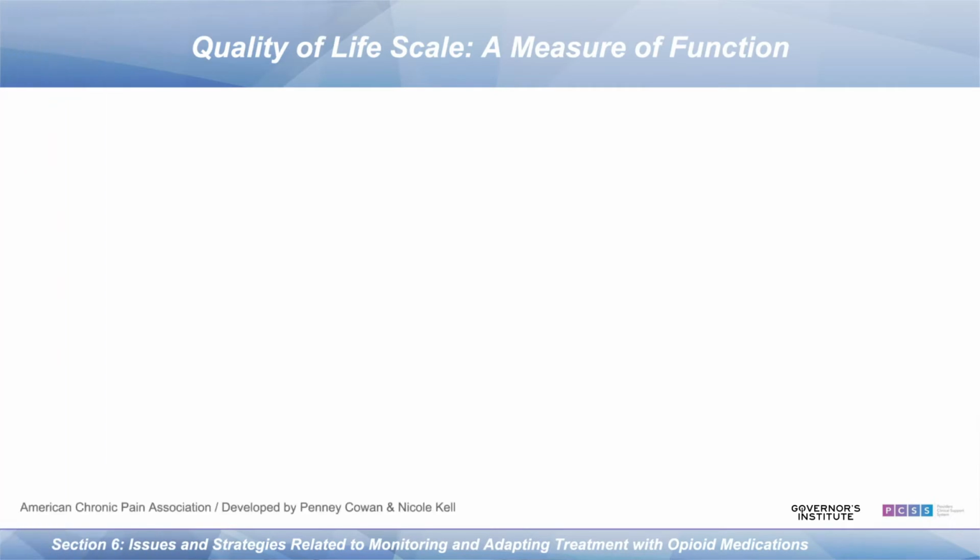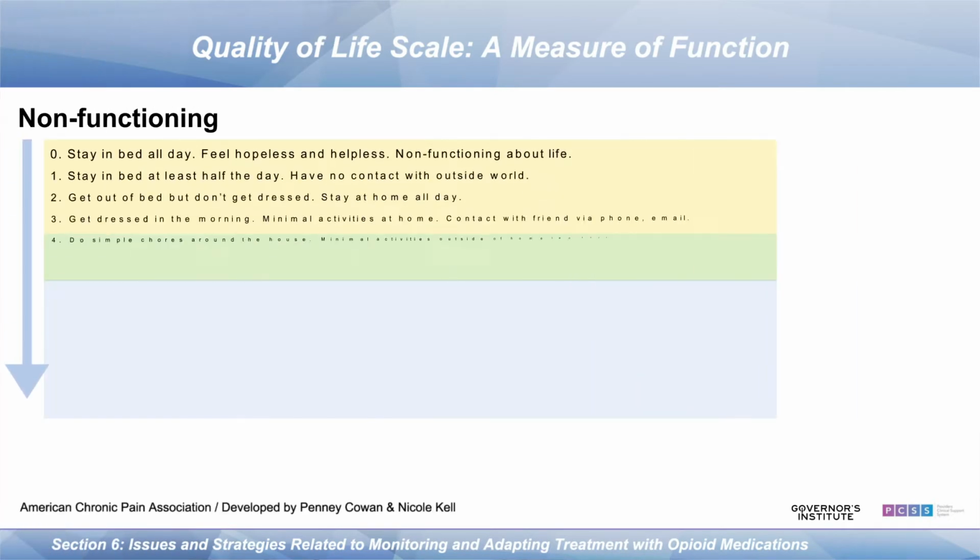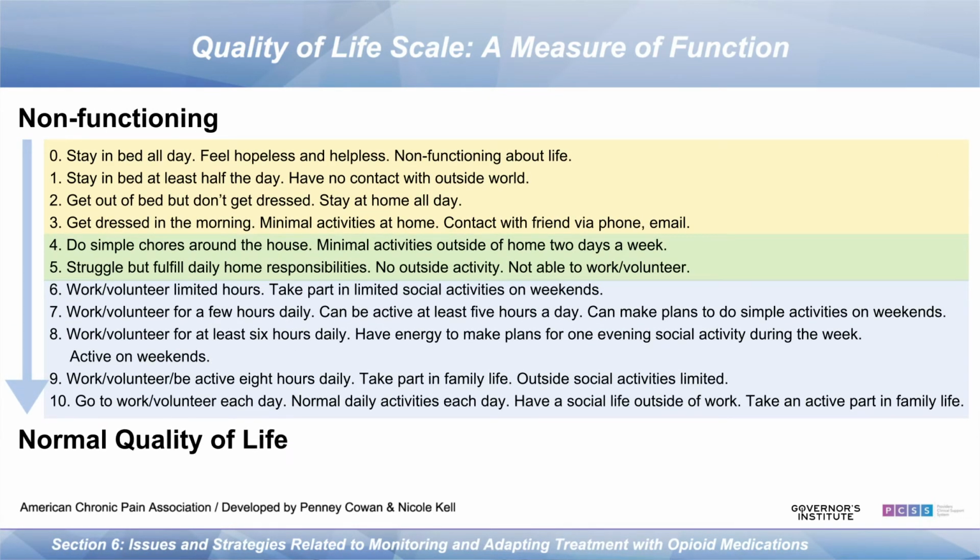Another similar instrument from the American Chronic Pain Association is the 10-item Quality of Life Scale. This instrument has the benefit of providing specific examples of varying levels of activity and functionality, staying in or out of bed, doing simple chores around the house, working actively outside the home, etc. And these examples may prompt or facilitate for both clinician and patient the process of identifying behavior-specific goals to monitor.